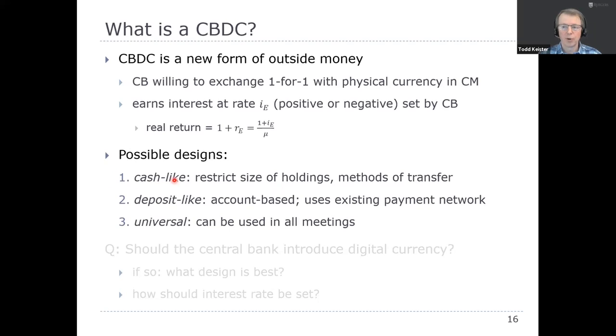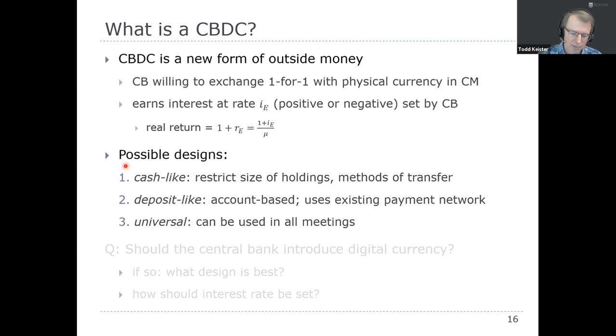Alternatively, you could set it up in a way that it looks a lot like bank deposits. It comes with a debit card with a number. You can use it online. It operates over the existing payment network. So it might be a good substitute for bank deposits, but not such a great substitute for currency. So we'd call that a deposit-like design. Or perhaps it can be designed in such a way that it's actually perfectly good in both situations. And we'll call that a universal design.